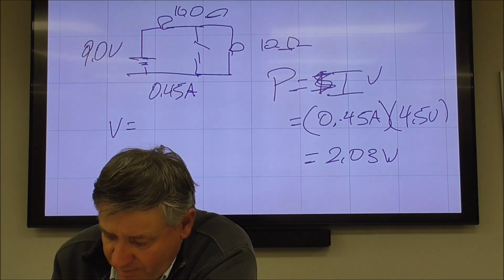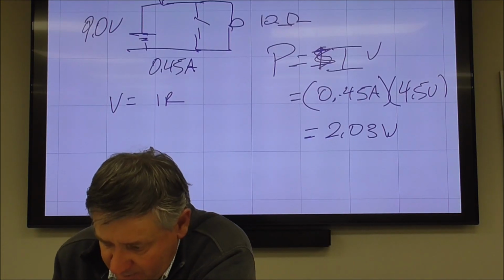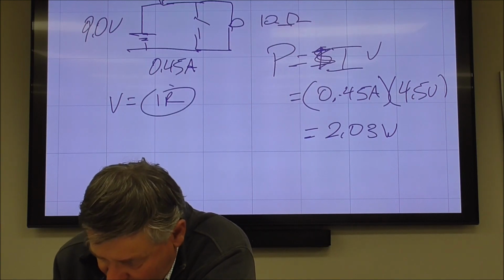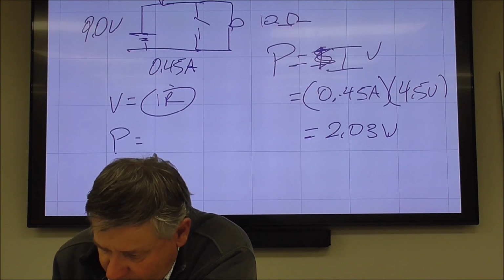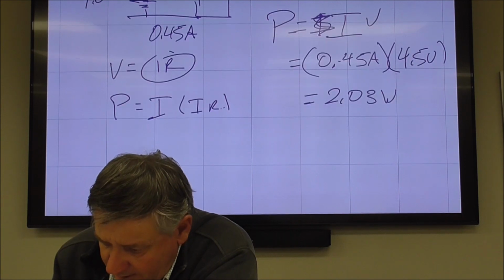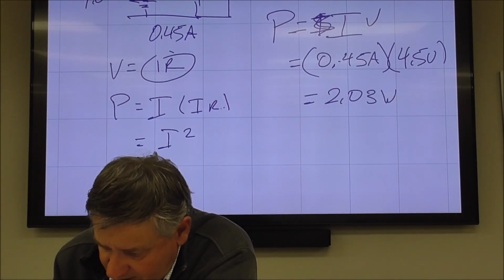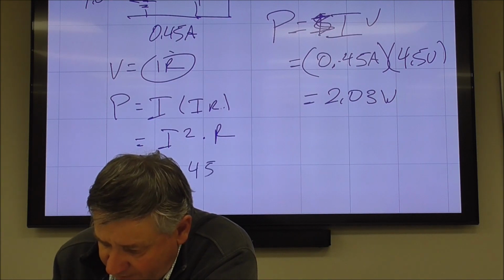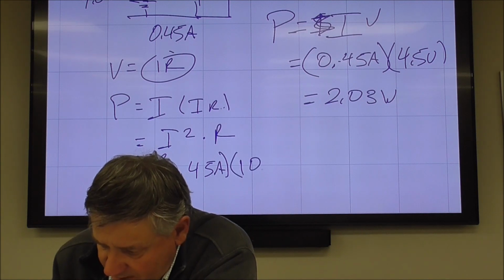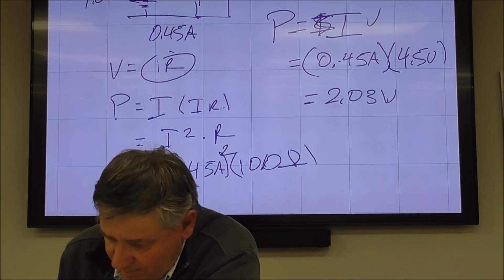If you remember, if you VER it up and solve for voltage, power equals I times IR, so that becomes I squared times R. If you take that 0.45 amps, that's going to get squared, and you multiply that by that 10 ohm resistor.